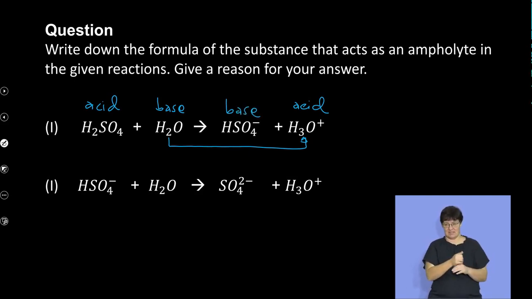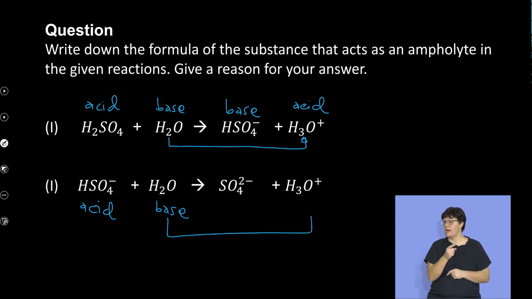In the second reaction, the hydrogen sulfate is an acid because it donates, while water is a base. When water accepts, it forms a hydronium ion, which is an acid in the reverse reaction, or a conjugate acid, and then the sulfate ion is a base.